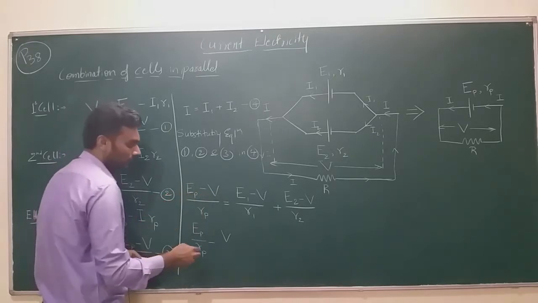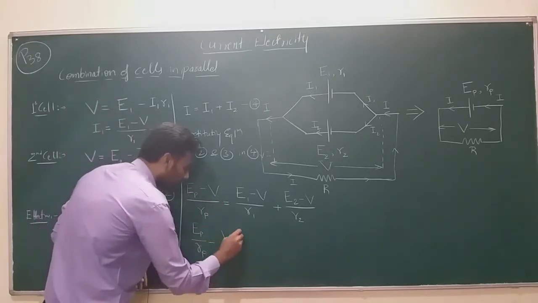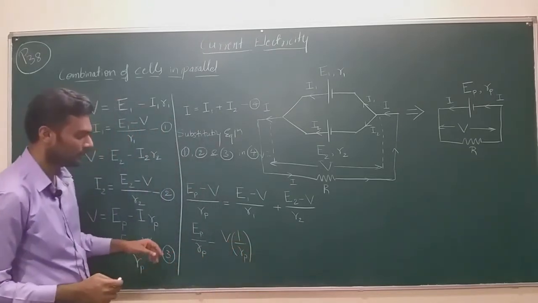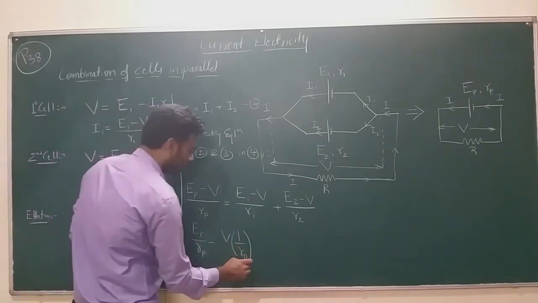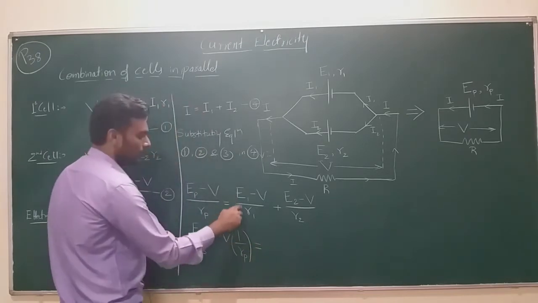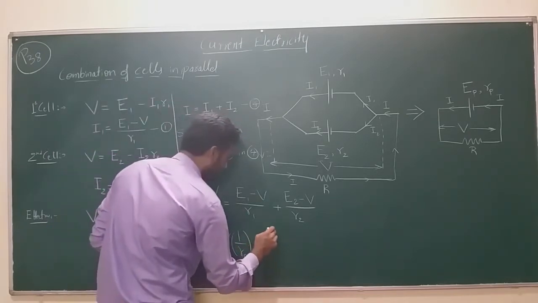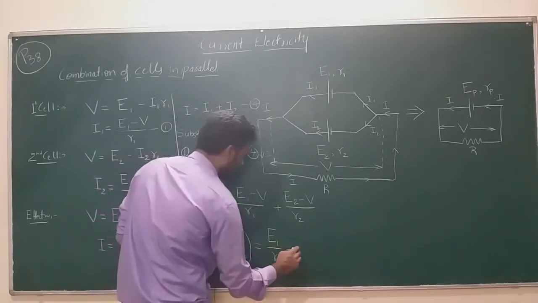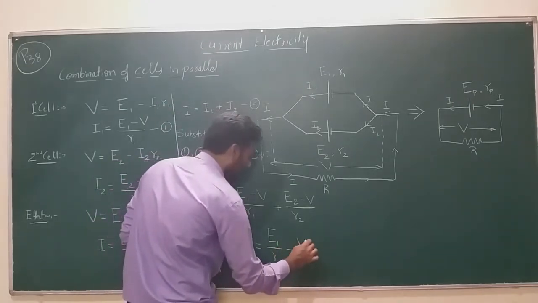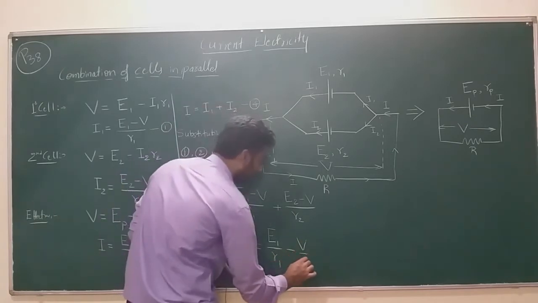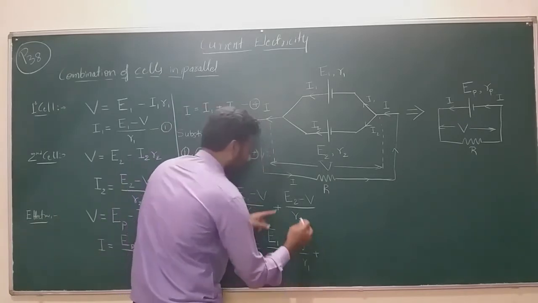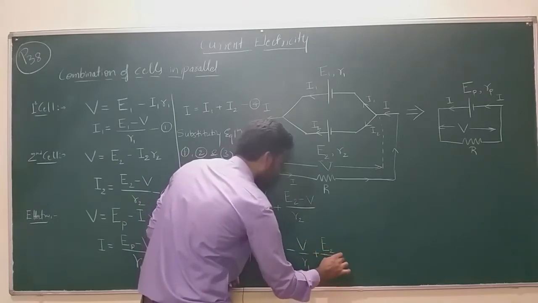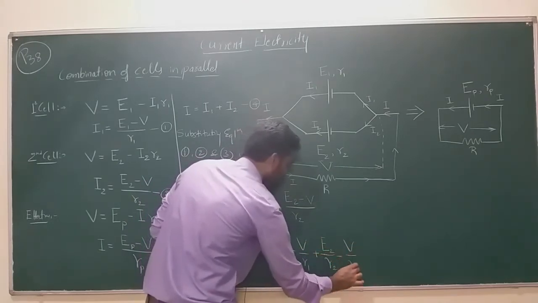So that will be V into 1 by RP, which is equal to E1 by R1 minus V by R1 plus E2 by R2 minus V by R2.